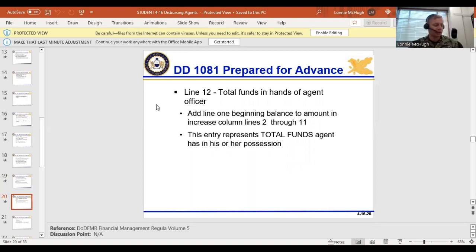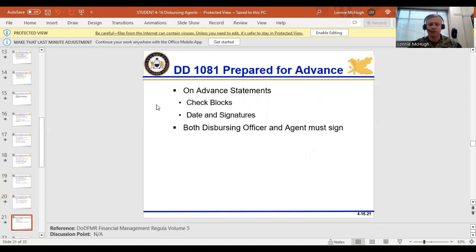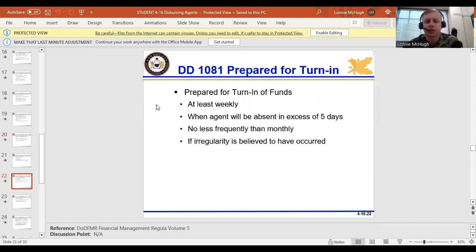Do we have any other questions about making funds for the advance? That was our first enabling objective. All right, nothing heard, so I'm going to move on to the turn-in.